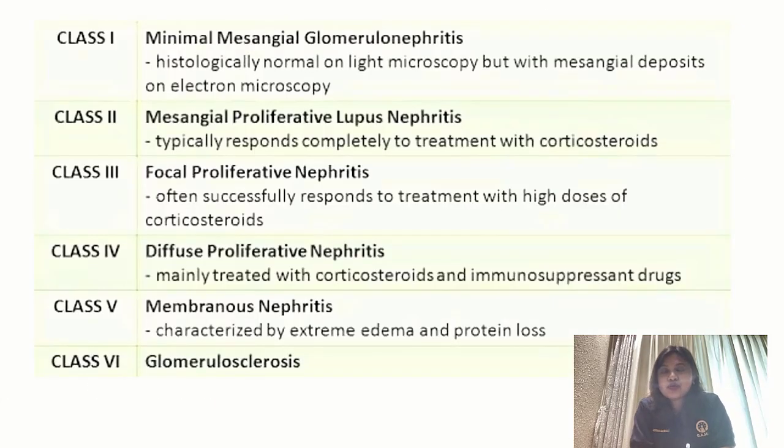Now, next we'll come to a very important staging. This is a very important topic as far as medicine is concerned and even pediatrics. That is systemic lupus erythematosus, SLE. And we are going to read here about the stages of lupus nephritis. As you can see here, we have got 6 stages of lupus nephritis.